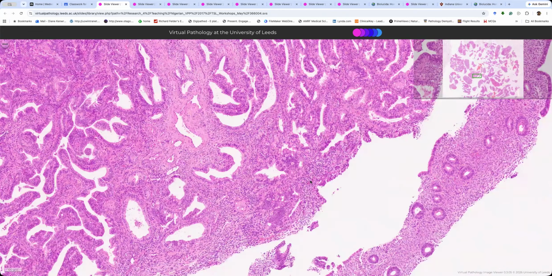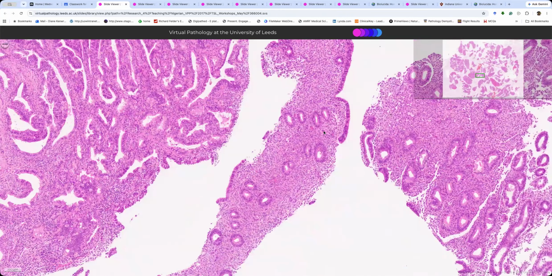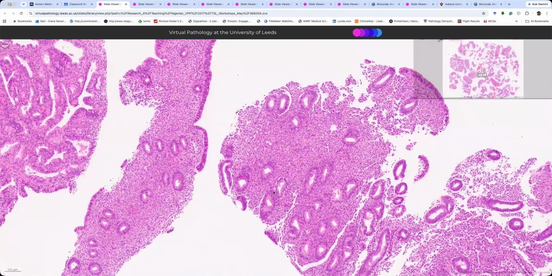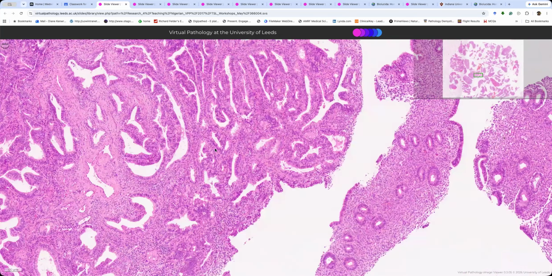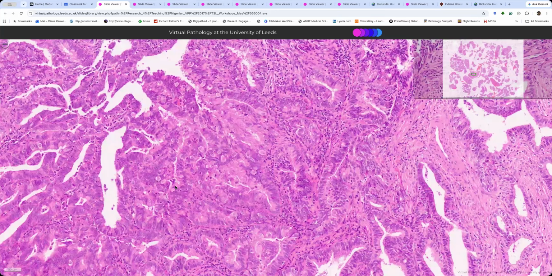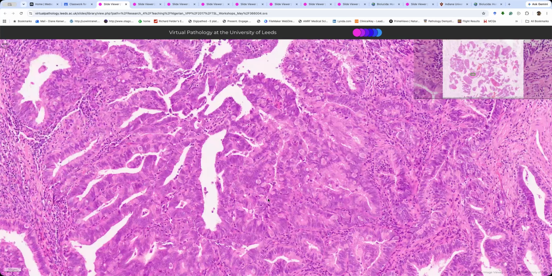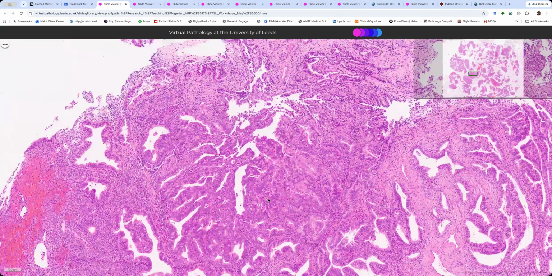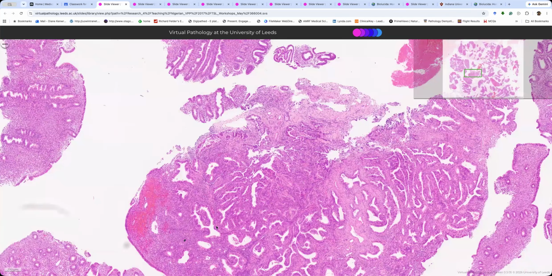We can tell we've got background proliferative phase, maybe mid-cycle because we've got the subnuclear evacuation. But here we have the crowded glands, and some of them are really crowded, like over here. So if I was doing this, I would measure it, and this would be about 1 millimeter.